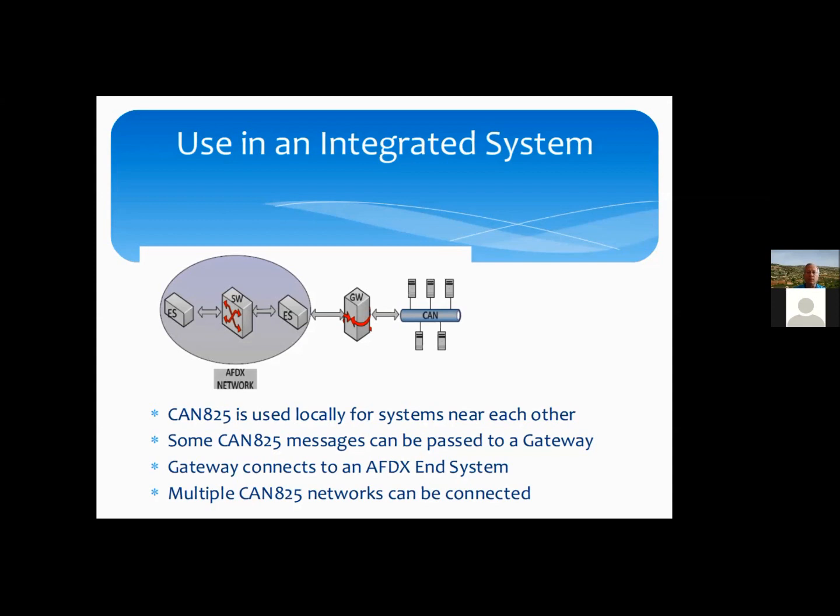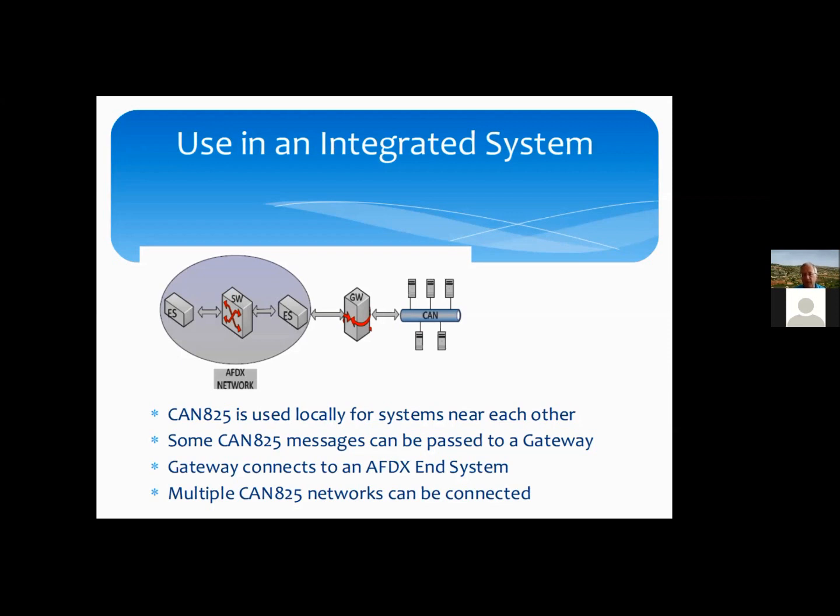It's going to be used for smoke detectors. It's going to be used on galleys. It can certainly be used for things like landing gear. But these are all things that don't have a lot of data associated with them. Whereas AFDX, based on Ethernet, can handle large amounts of data, right?